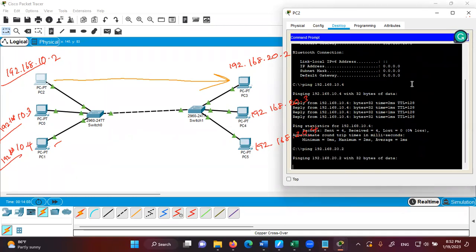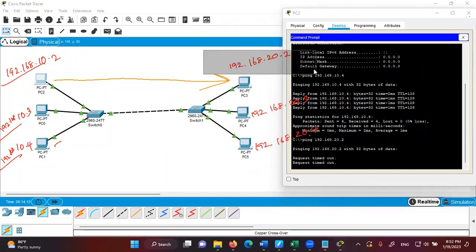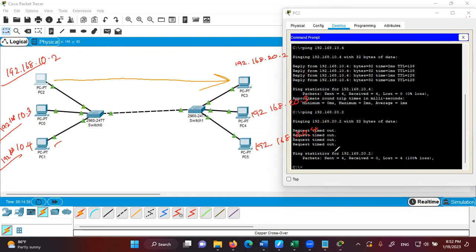See what happens. Request timeout, right? So that means I can't connect from this computer to this computer.